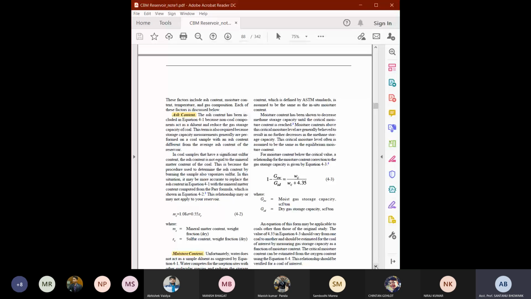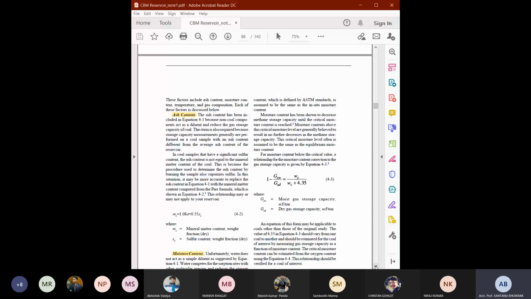So if in the composition of the coal, for different coal types, the ash percent is higher, then obviously the gas storage capacity will be much less, because the gas storage capacity is dictated by the pore structure in the coal matrix.